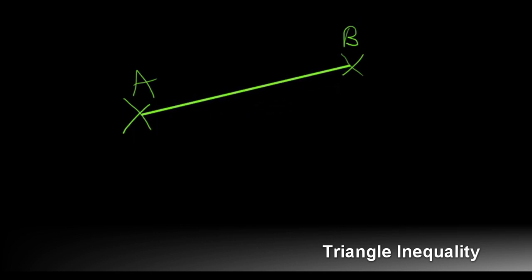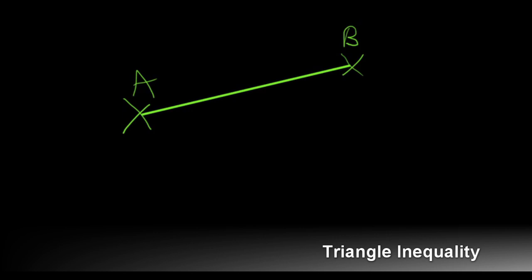So if I take any 2 points, so let's say I have a point here called A, and I have another point here called B, then do you agree that the shortest line connecting these 2 points is a straight line? So that is the shortest line connecting these 2 points.